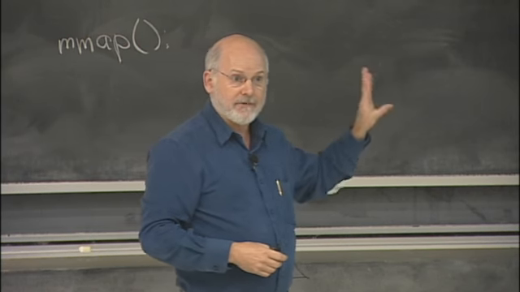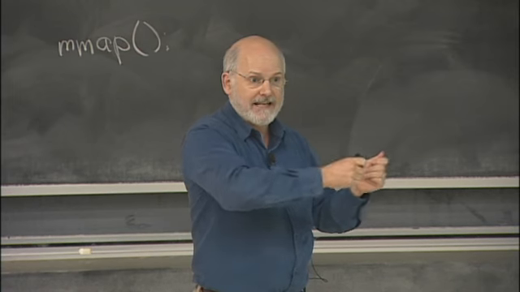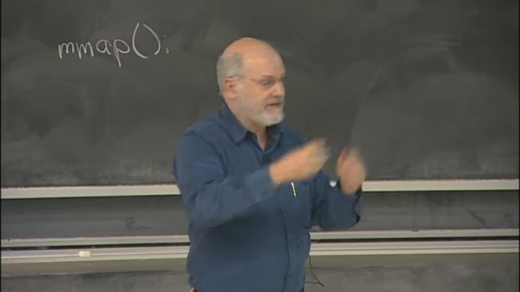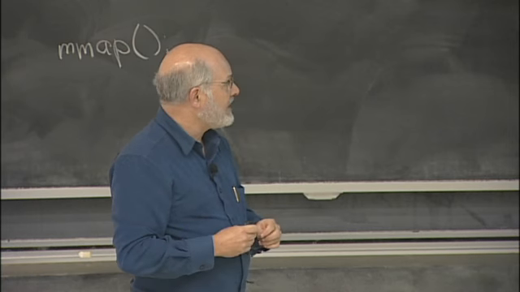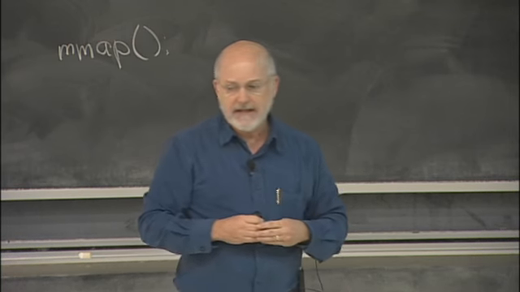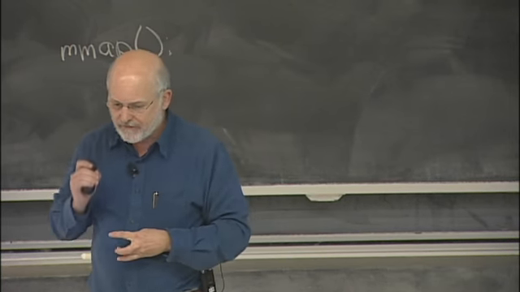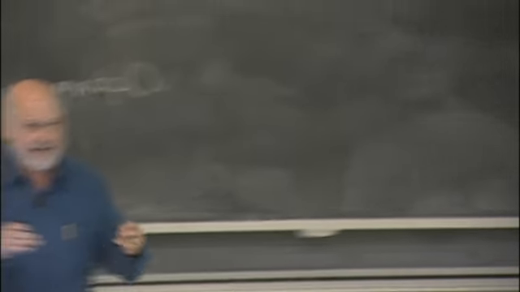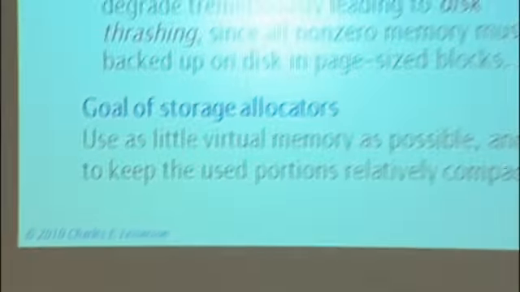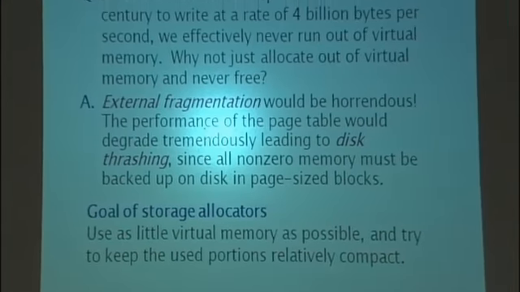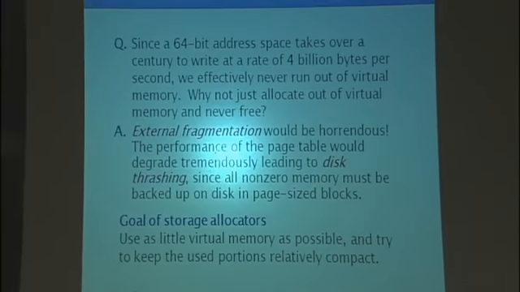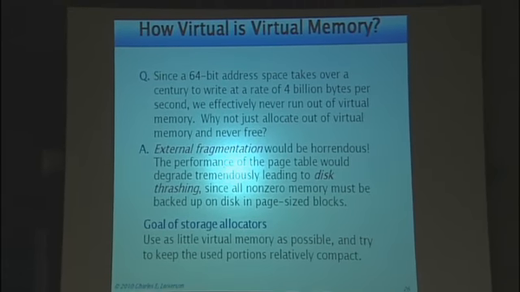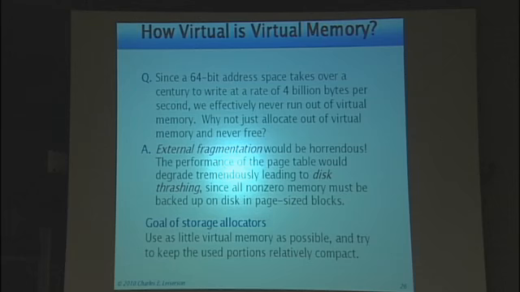So getting back, for example, to the fixed allocation, that's why it's a good idea to try to keep those pages full, so that we have a small thing. So the goal of most storage allocators is therefore to use as little virtual memory as possible, and try to keep the used portions very compact, because the more compact it is, the more likely it is that when you access one, you'll be able to access something nearby without causing a page fault.